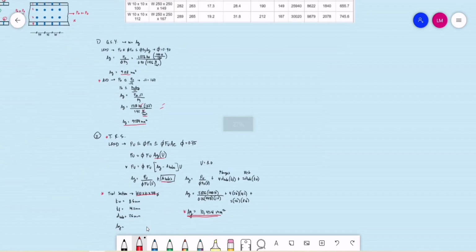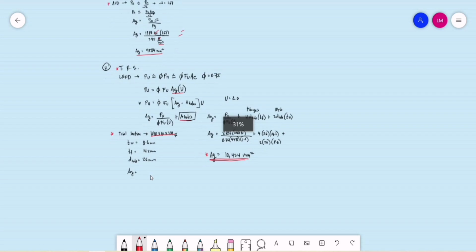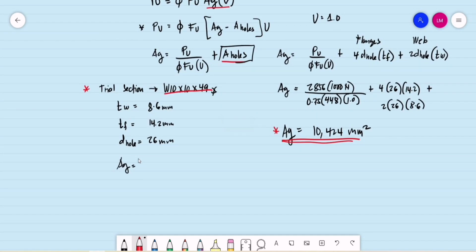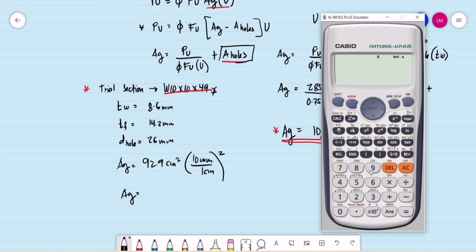So 92.9 square centimeters multiplied by 10 mm is to 1 cm, then squared. So this is equal to 92.9 multiplied by 10 squared, that is 100.